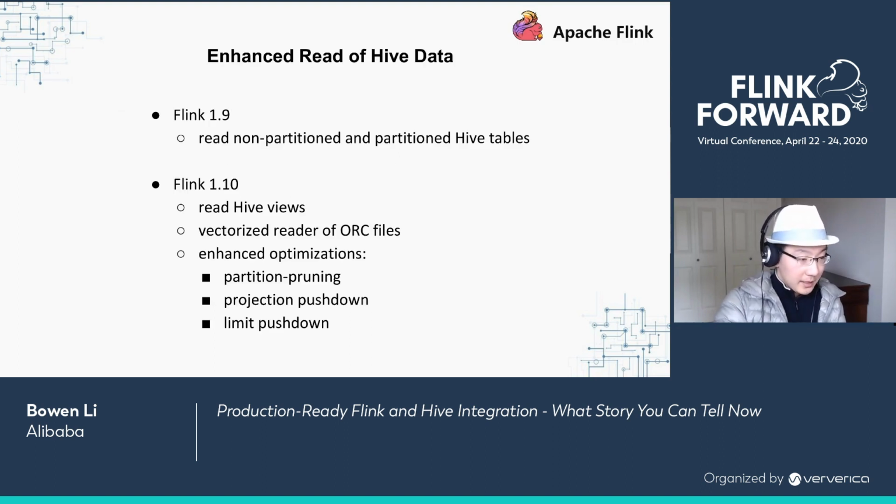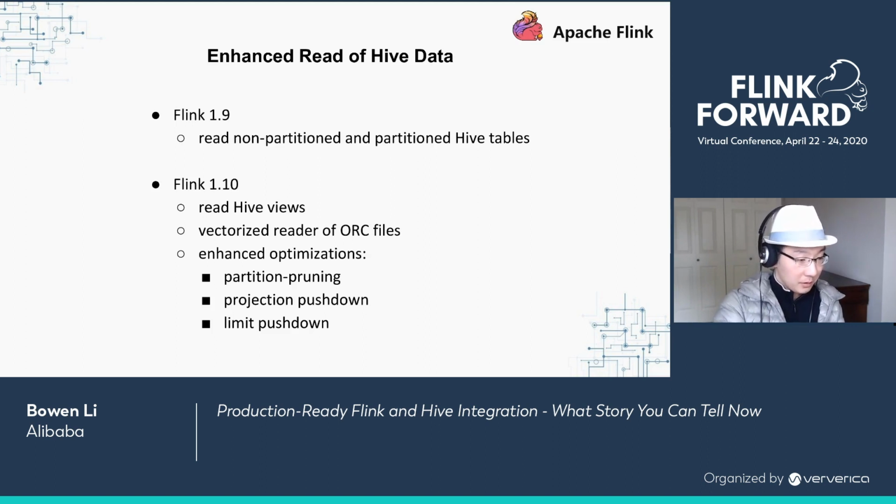On the reading side, Flink 1.9 can read non-partition, or regular, and partition Hive tables. In 1.10, we are extending that to Hive views. And also when you are reading ORC files, we are by default using the vectorized reader, the native reader, so the performance is much better.